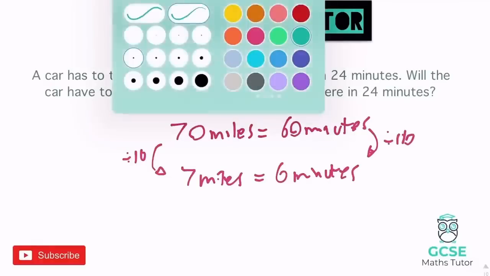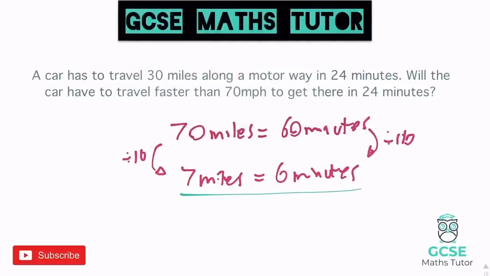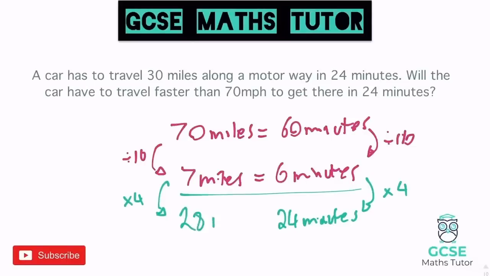Now just having a look at this speed here, 7 miles equals 6 minutes. So travelling at this speed, if I wanted to get to 24 minutes, have a look, 24 minutes, we would times that by 4. So if I do the same to the other side and times that by 4, that gives us 28 miles. So travelling at 70 miles an hour, in 24 minutes we would go 28 miles.